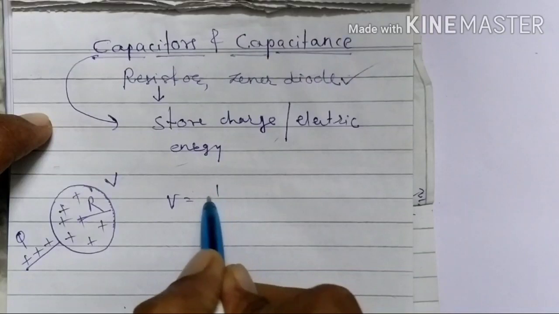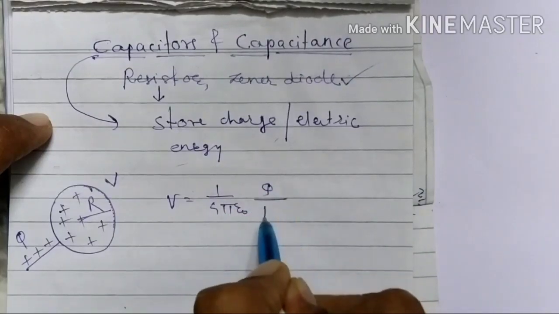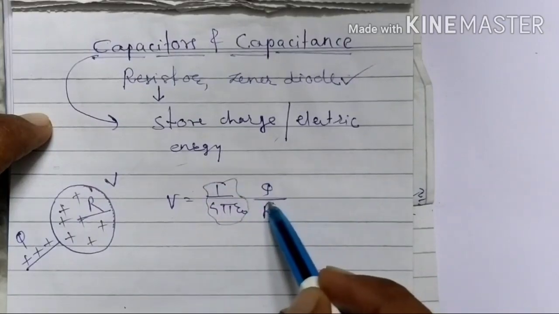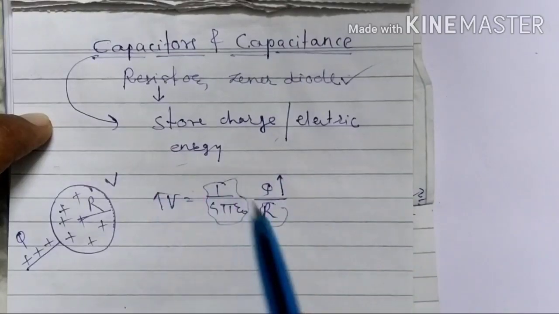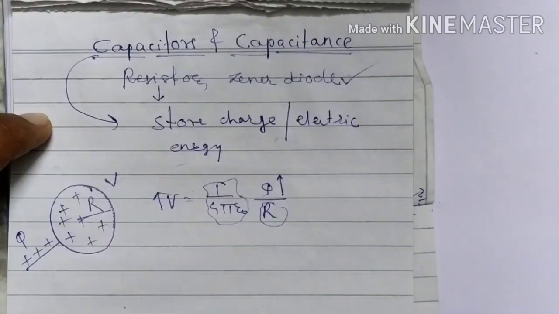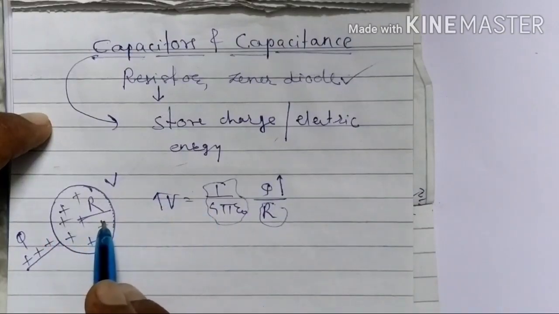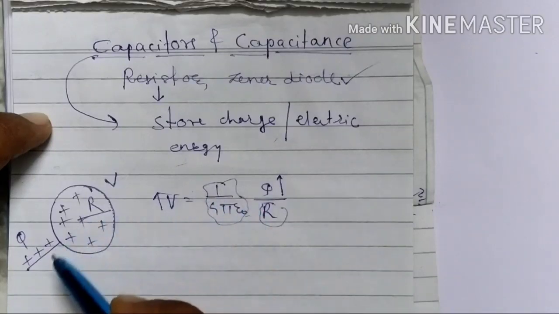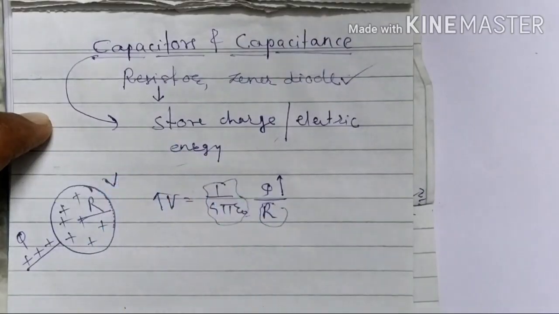V is equal to 1 over 4 pi epsilon 0 times Q upon R. Here 1 over 4 pi epsilon 0 is constant and the radius is constant. So if we increase the charge, the potential increases. Same for the metal plate: the radius is constant and 1 over 4 pi epsilon 0 is constant, so if we continuously provide charge, its potential increases.